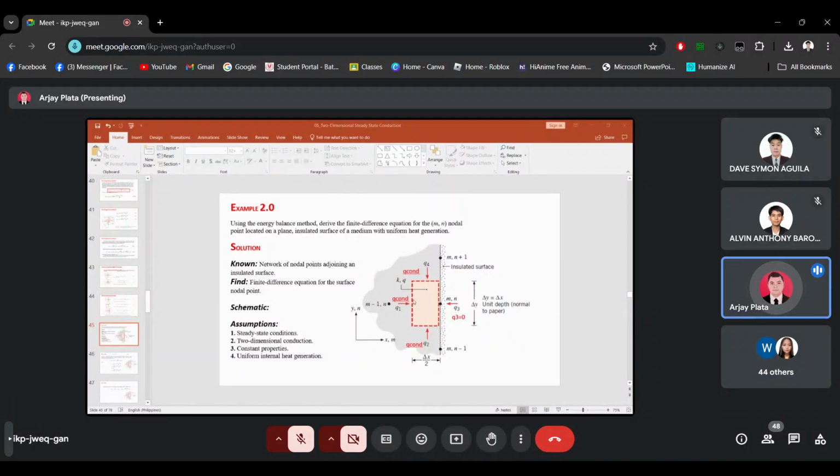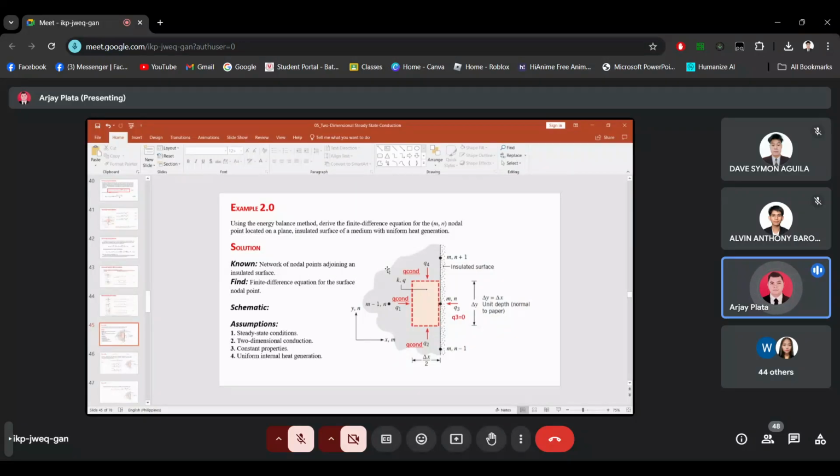Okay, so using the energy balance method, derive the finite difference equation for the nodal point M,n located on a plane insulated surface of a medium with uniform heat generation. So a network of nodal points is adjoining an insulated surface.